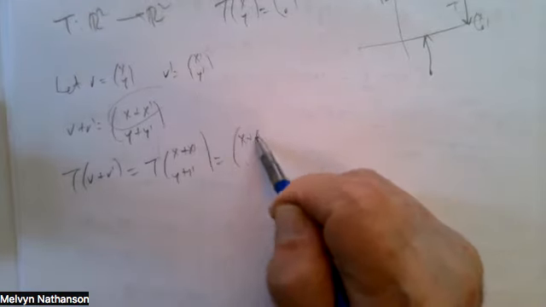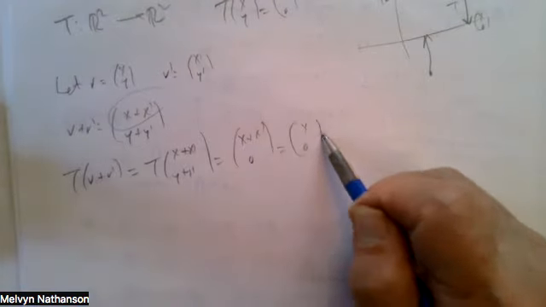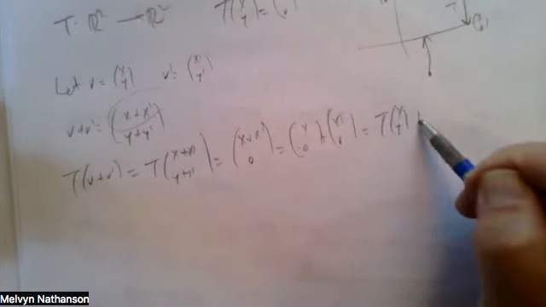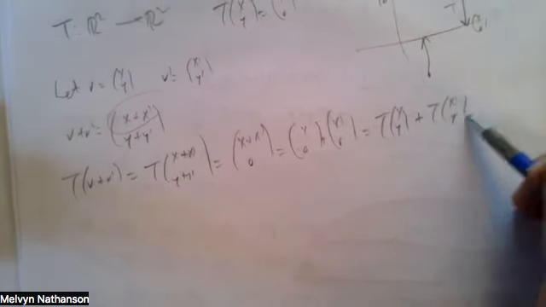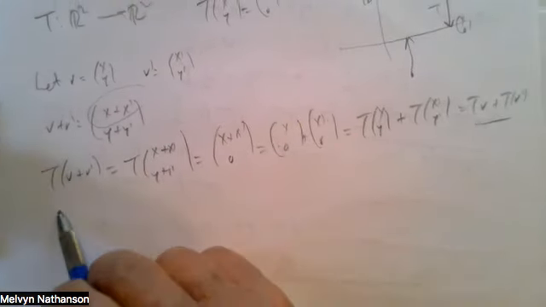That's (x plus x prime, 0), which is the same as (x,0) plus (x prime, 0). And (x,0) is T of (x,y), and (x prime, 0) is T of (x prime, y prime), which is T of v plus T of v prime. So the first property of a linear transformation is satisfied.